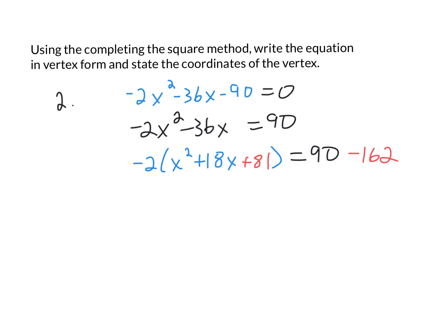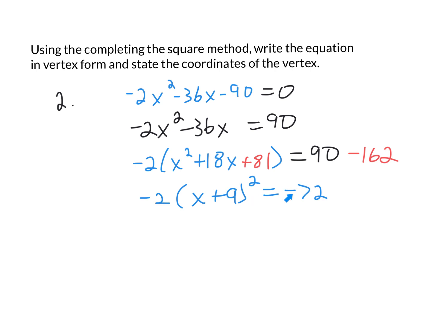We completed the square. So we are going to have -2, and then it is going to be x plus 9 squared equals -72. Okay. Now, if we're going to write this in vertex form, we have the a times x minus h squared.